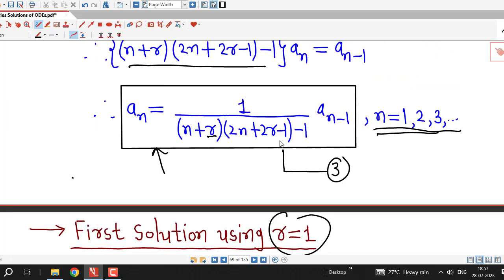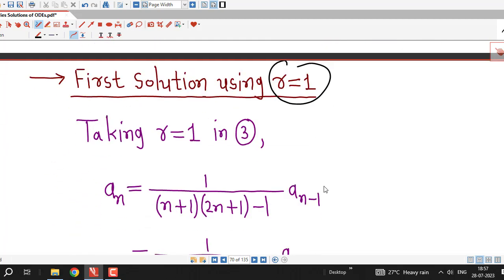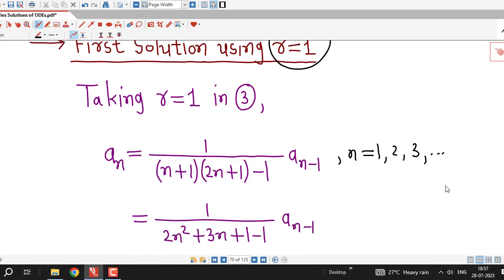So here I am taking r equal to 1, and I will have (n plus 1)(2n plus 2 minus 1), that is (2n plus 1 minus 1), into an minus 1, and of course n is starting from 1 to 3 and so on.